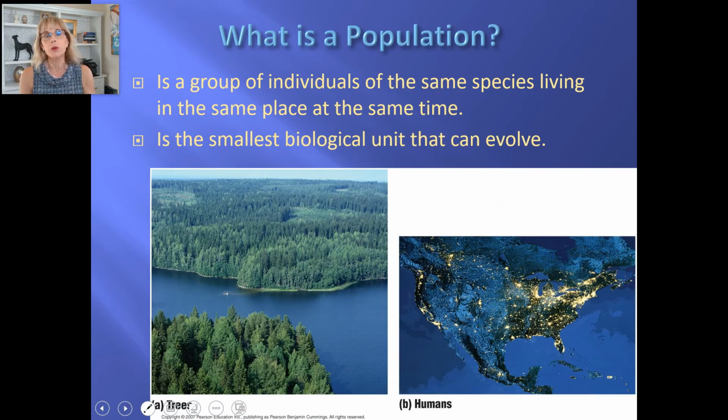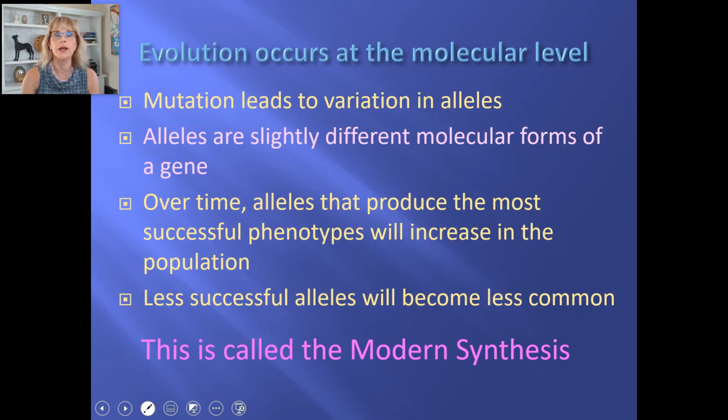I wanted to make the point that evolution only happens in populations. The smallest biological unit that can evolve is a population. Why? Because evolution is the change in allelic frequency in a population over time.